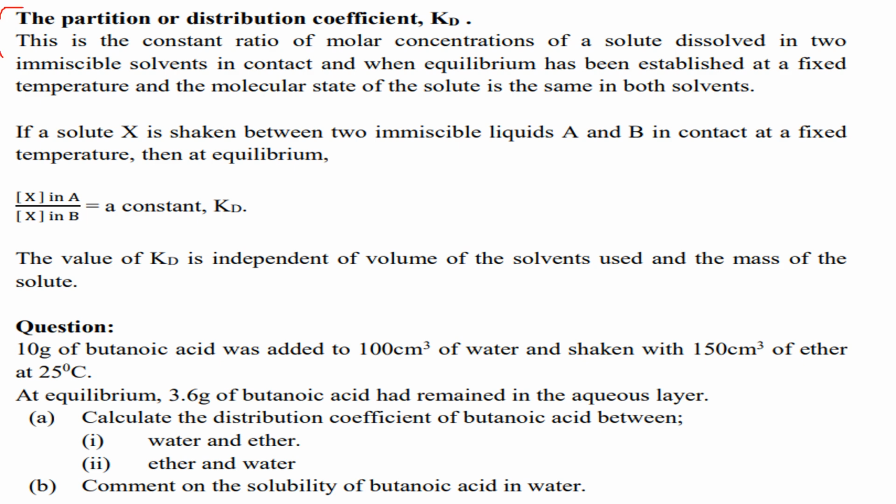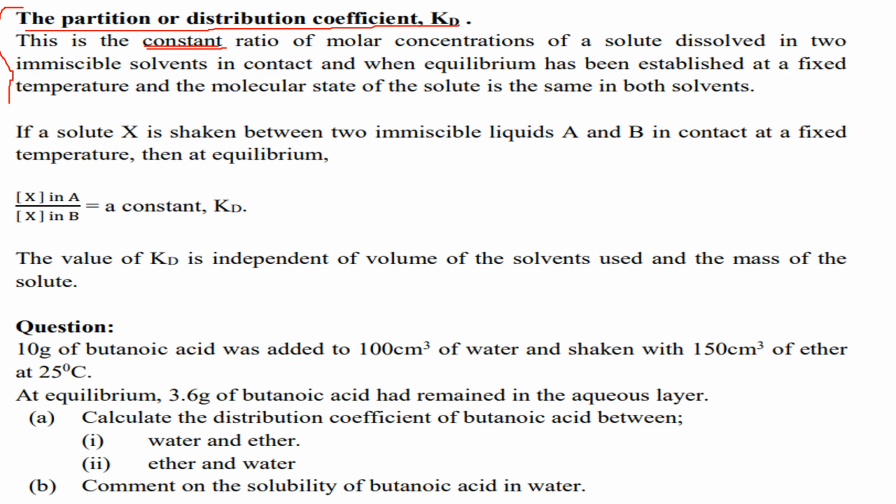So proceeding, we are going to be looking at the partition or distribution coefficient. Now in the previous slide, we have said that it's a constant. So how are we going to define it? That means that when you're setting a definition, I want to see a word called constant. Without this, you are defining something else. So that's why we are saying this is the constant ratio.